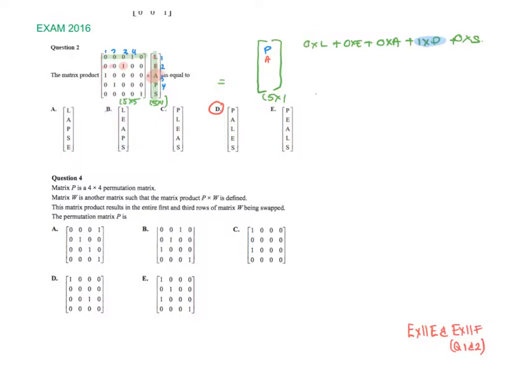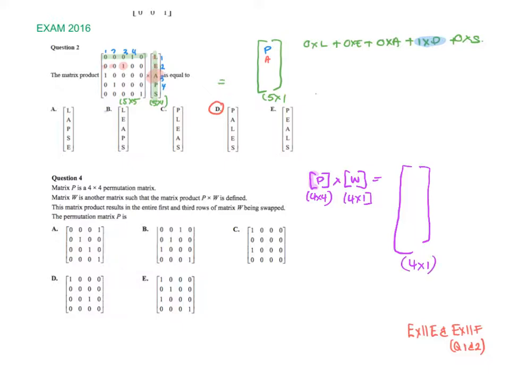The permutation matrix is... So if we've got the permutation matrix and we're multiplying it by W, we're going to get this new answer. Now this is a 4 by 4, so this must have been a 4 by 1, yeah? And our answer will be a 4 by 1.